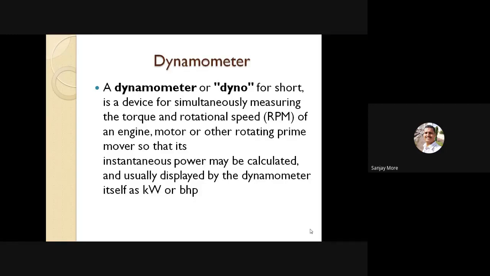Full stop. Okay, this is the definition of dynamometer.